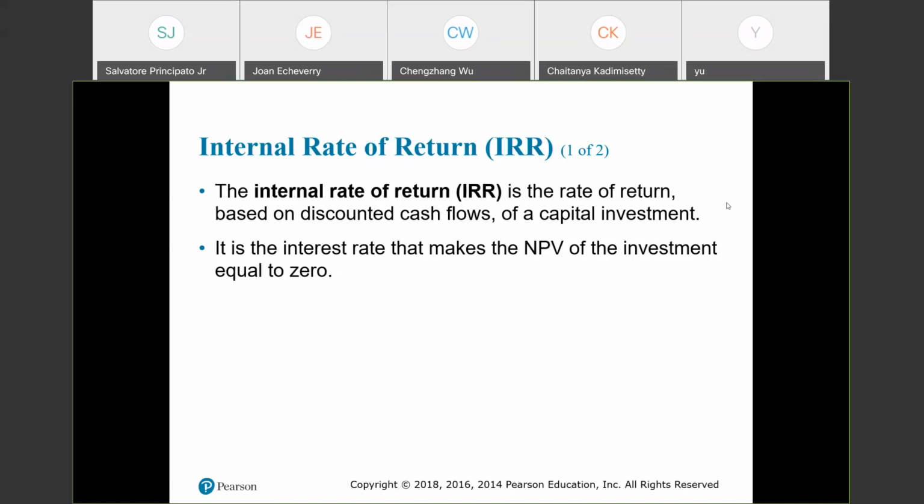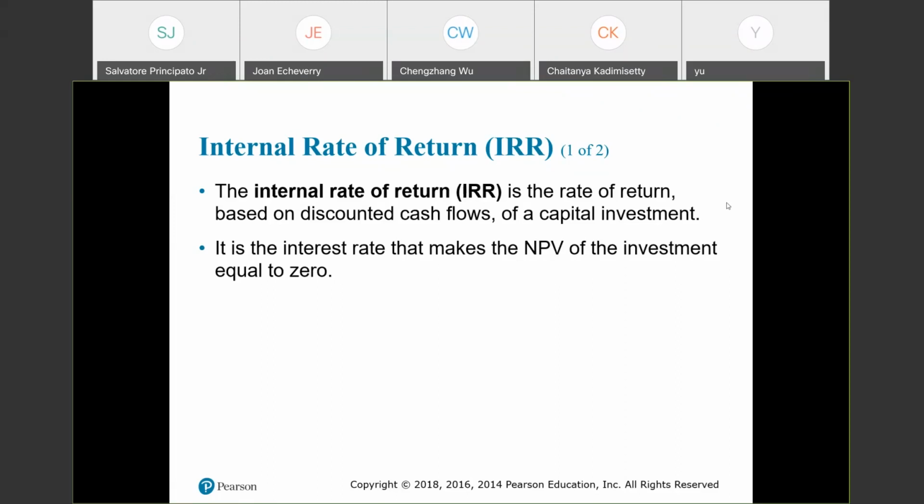Four methodologies are discussed in this chapter. The first and the second methodology are payback and ARR, that is accounting rate of return.